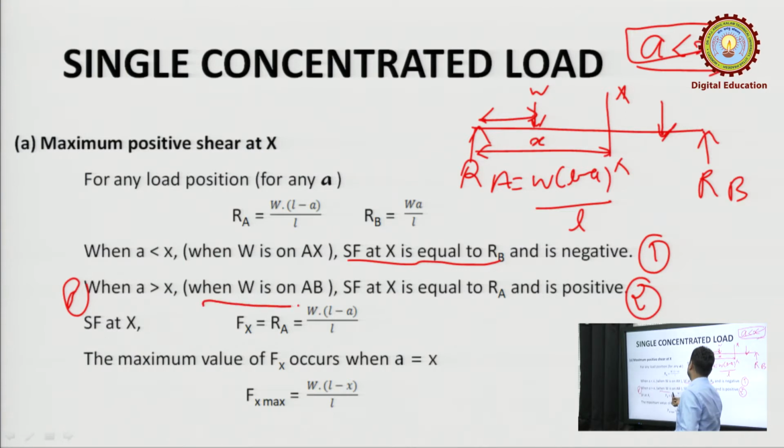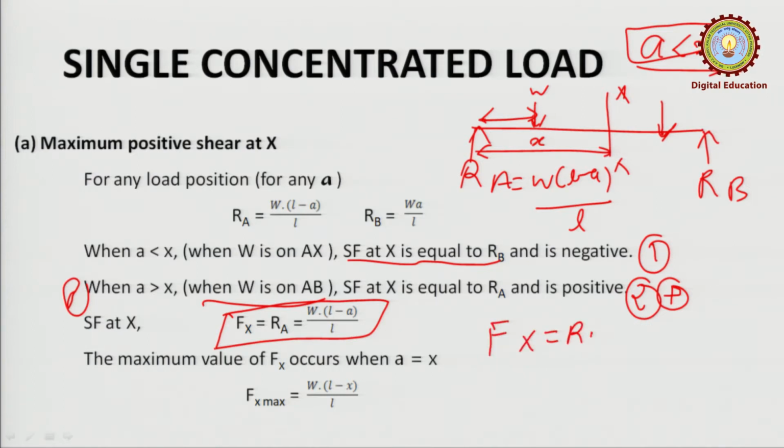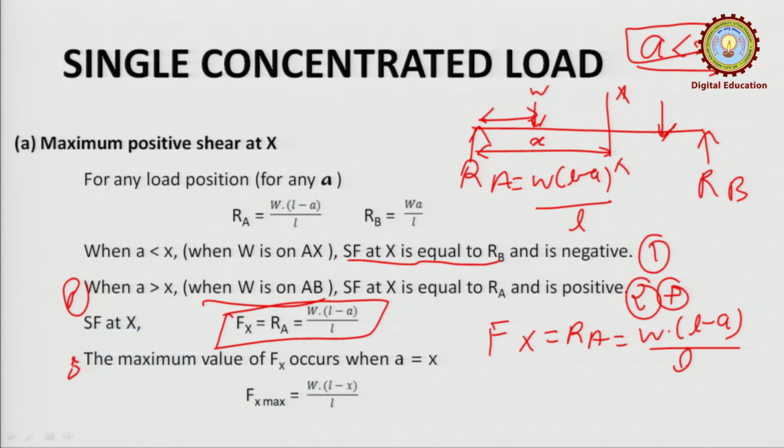That means shear force at X is equal to RA, and it will have a positive sign. And from the solution we can get the equation Fx equal to RA, W into L minus A upon L. And the third point here is the maximum value for shear force.